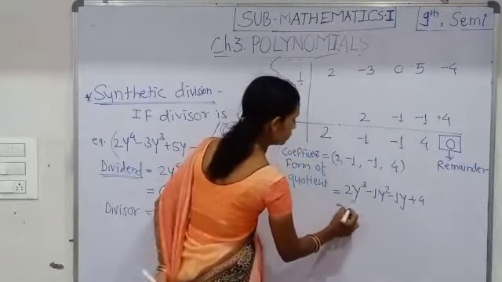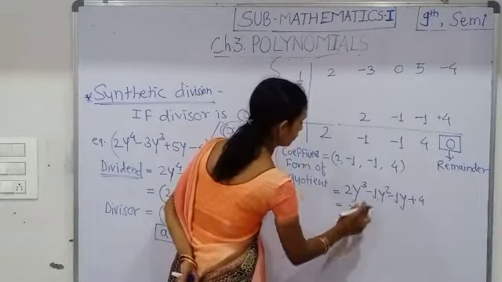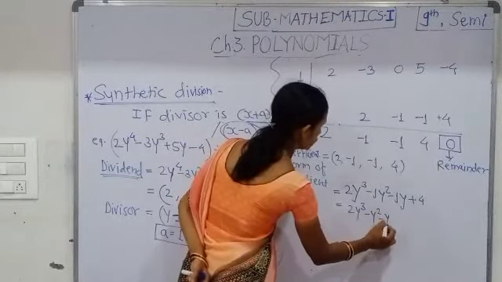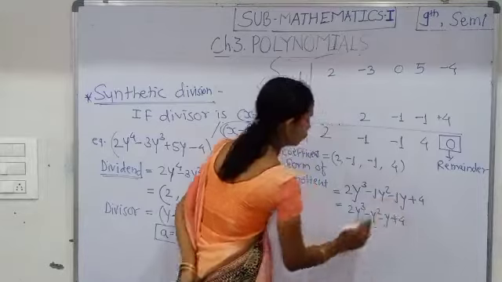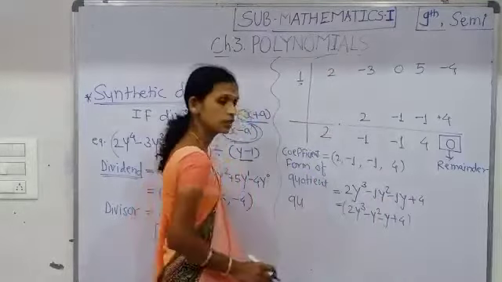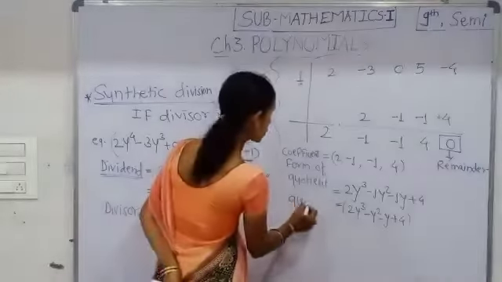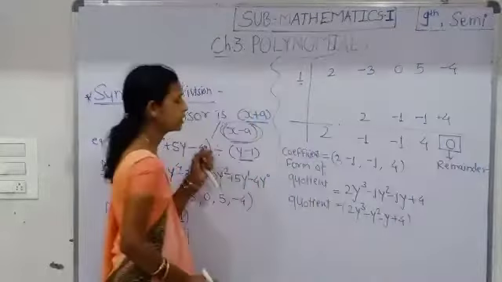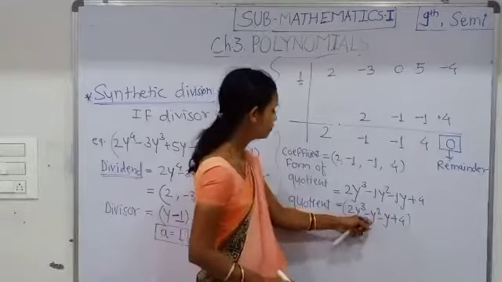That means here 2y cube minus y square minus y plus 4. That means here we get the quotient of this example in standard form.